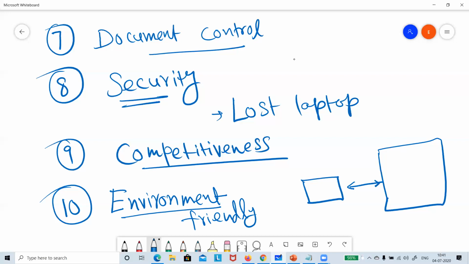How is it environment friendly? Carbon footprint. Say you need scalability. Today if you are going to purchase one server, you will think about the next 5 years, not about today's workload. So whatever you need, say you need one server for your business, you'll purchase 5 servers.